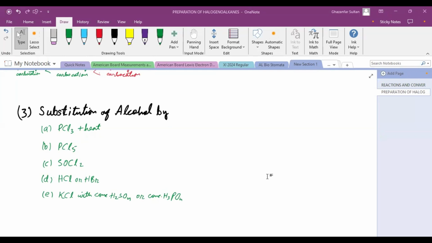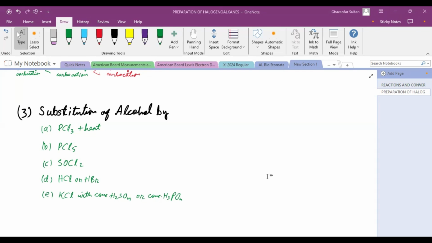So this is the third method for preparation of halogenoalkane by substitution of alcohol: by PCl3 by heating, PCl5 at room temperature, SOCl2 at room temperature, HCl or HBr at room temperature, or with KCl or NaCl with concentrated H2SO4 or H3PO4, because actually this mixture ultimately produces HCl, or if you use KBr, then it will produce HBr.